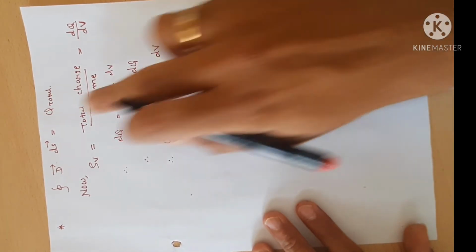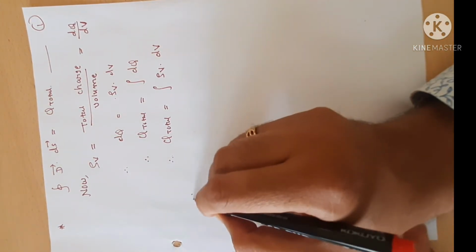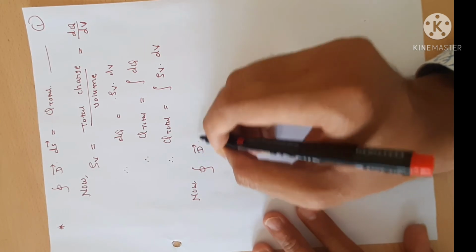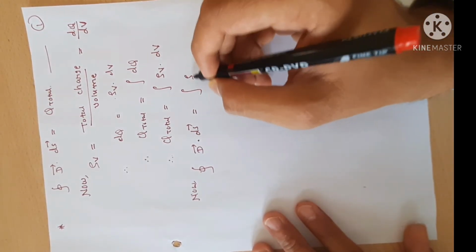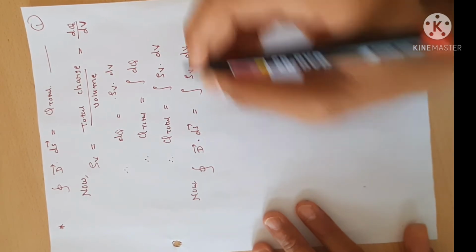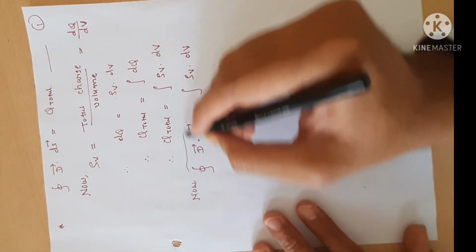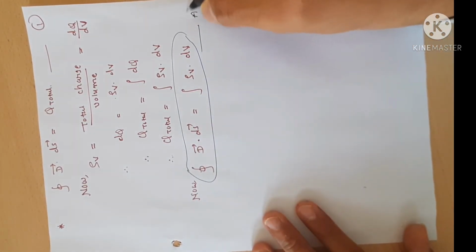I have to just put this value into the first equation. So now the first equation is integration D dot ds is equal to integration rho v into dv. We'll name it equation A.